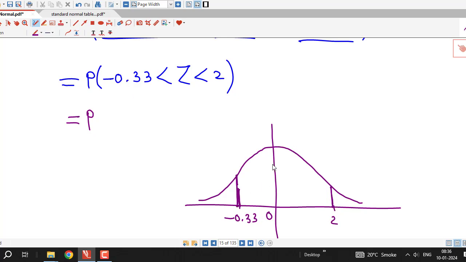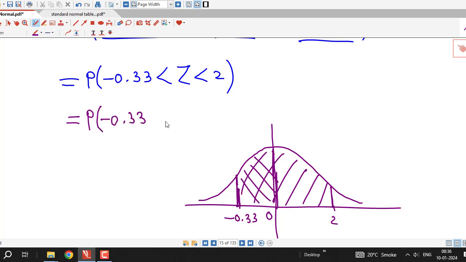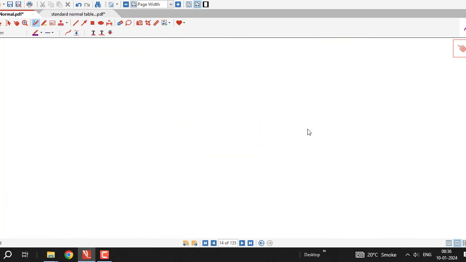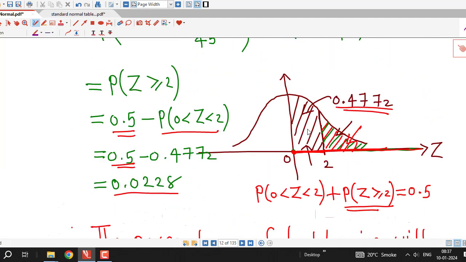This area is nothing but addition of this area between minus 0.33 and 0, that is minus 0.33 less than Z less than 0, plus probability that Z lies between 0 and 2. Now we are given this area that we have used here, probability that Z lies between 0 and 2.